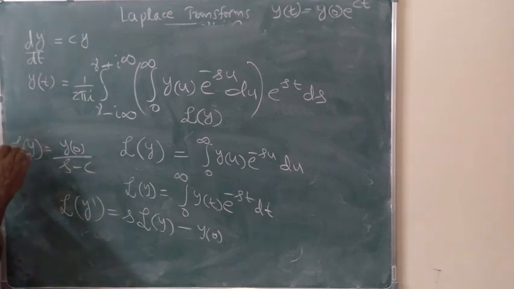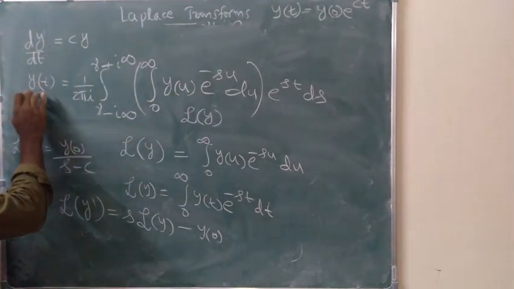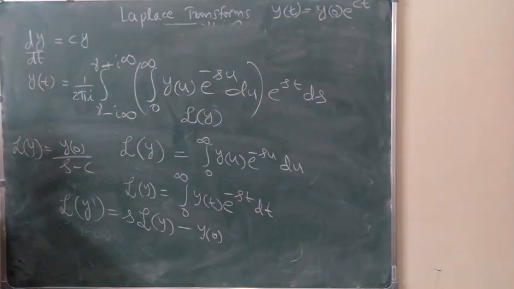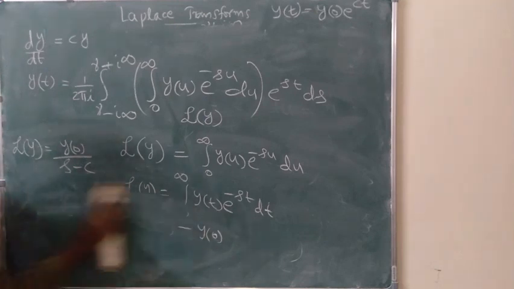Now we substitute that here and obtain y of t as y naught e to the power ct. Now this procedure of obtaining y from the Laplace transform is called the inverse Laplace transform.